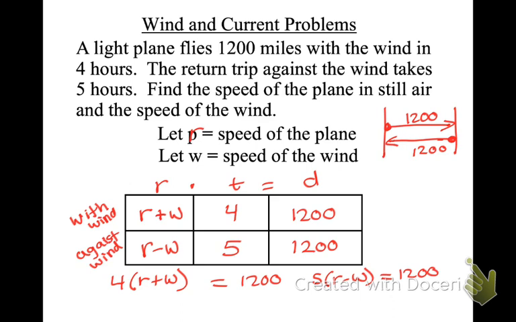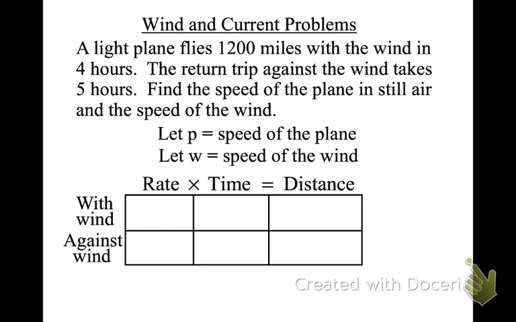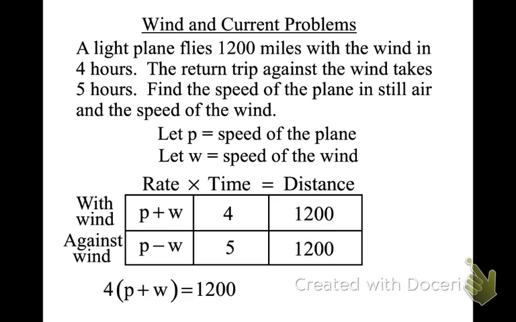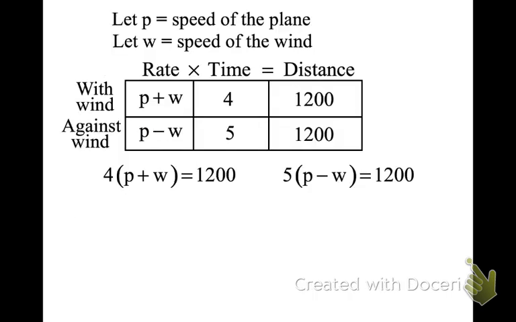I'm going to move on to the next page. Remember, they're using P, we're using R. You guys with me? Now, these are simple enough because 4 divides into 1,200. I'm going to divide it out.